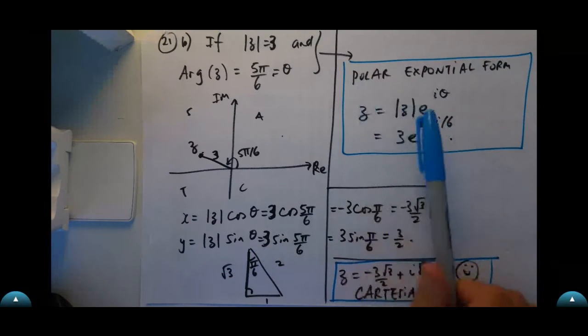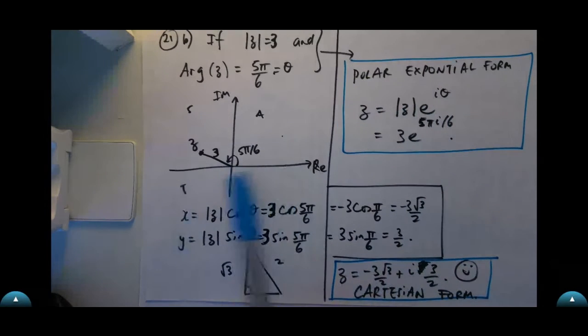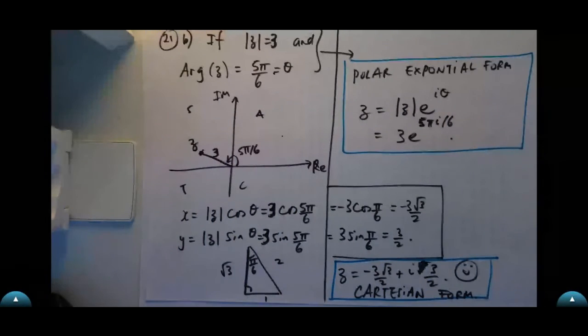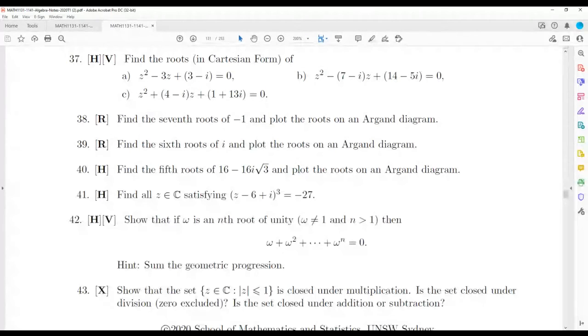You can see this uses lengths and angles, while these use your horizontal and vertical positioning, right? All right, let's look at one more question, and then we can have a look at what Lisa was talking about earlier. Let me show you how to solve these kinds of problems. These are solving and finding the roots of polynomial equations.